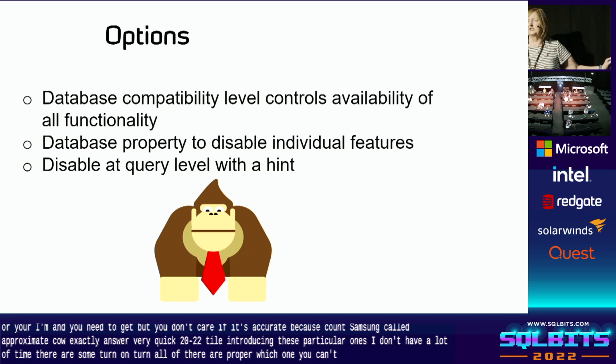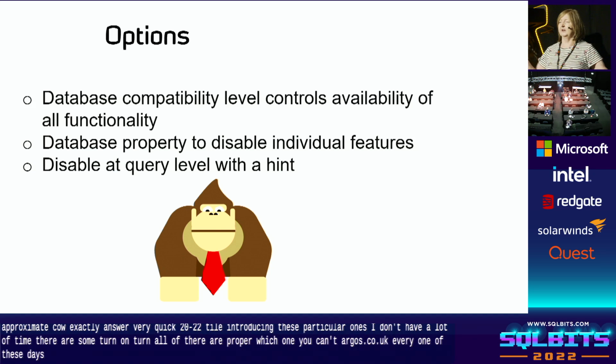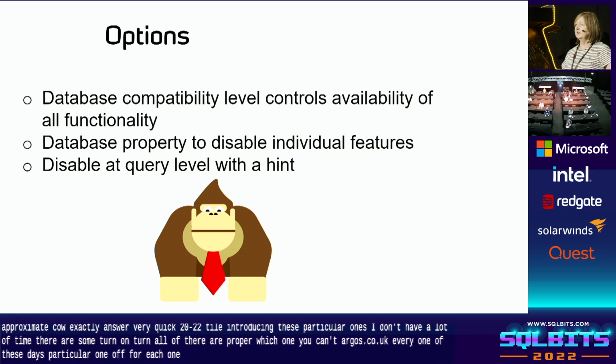They didn't ask us to upload the slides, but I've got a resource, my GitHub, where I've got all this code you could download. So for every one of these, there's a database property. If you say, I don't like this particular one, you can turn that one off. Also, they have a query hint for each one. So if you have a problem with one particular query and these features, you can turn it off for one query.